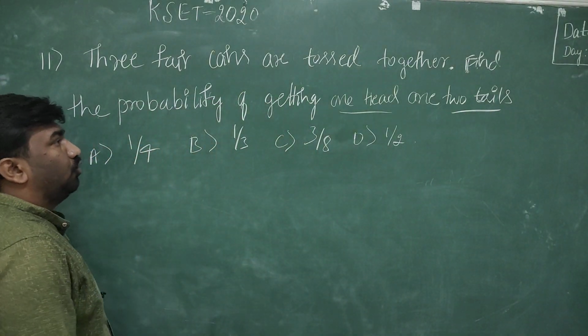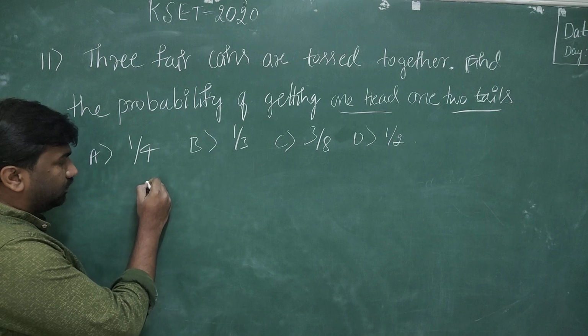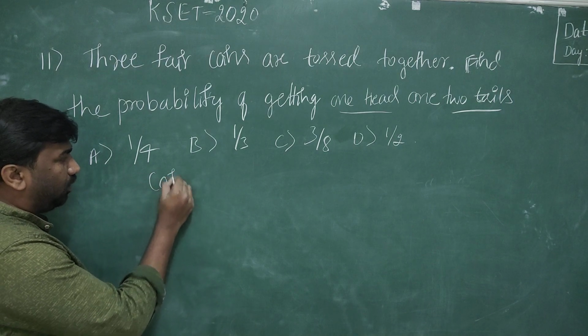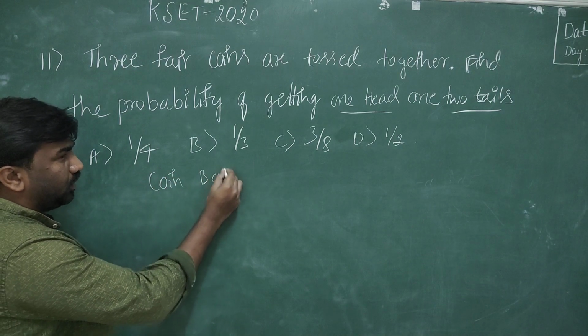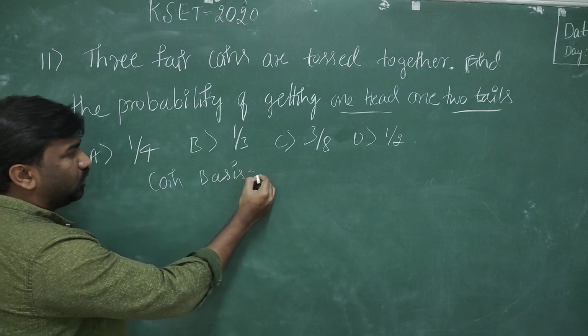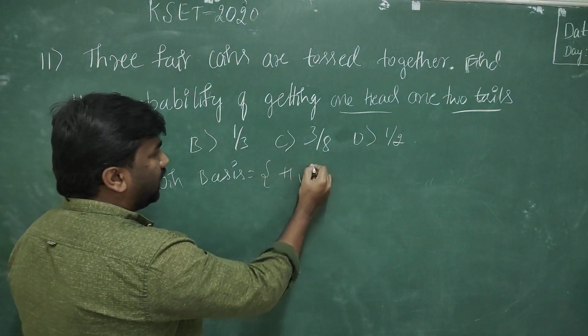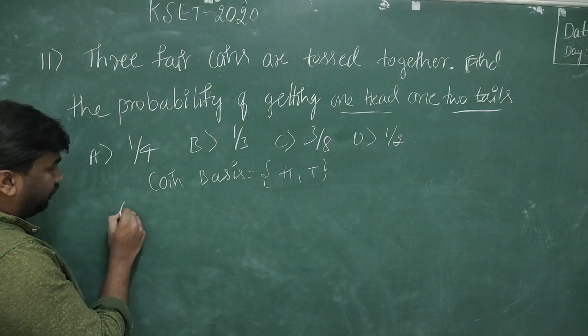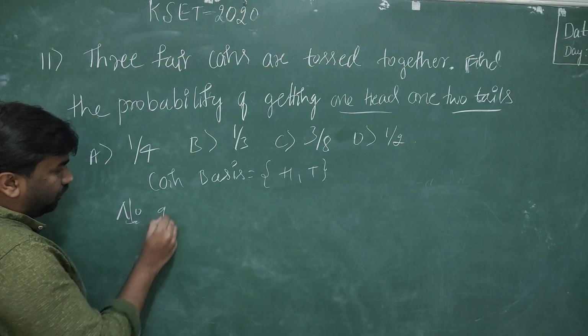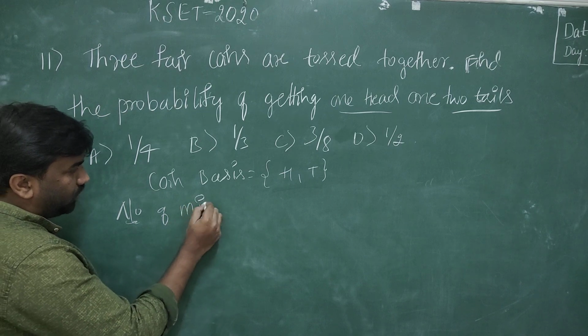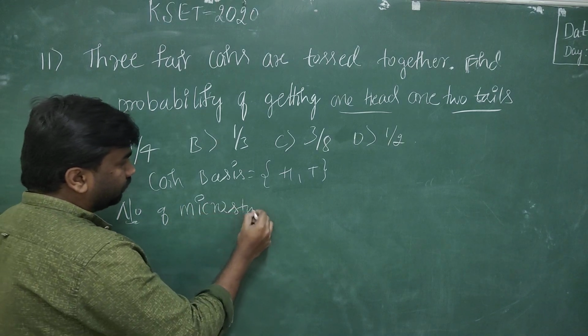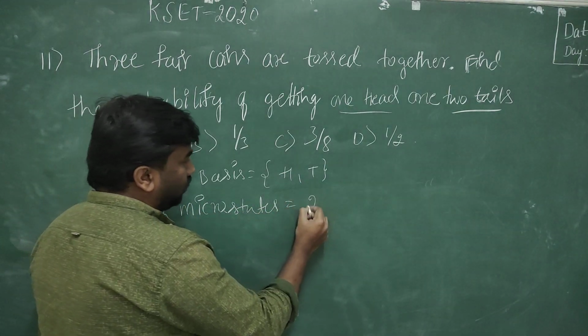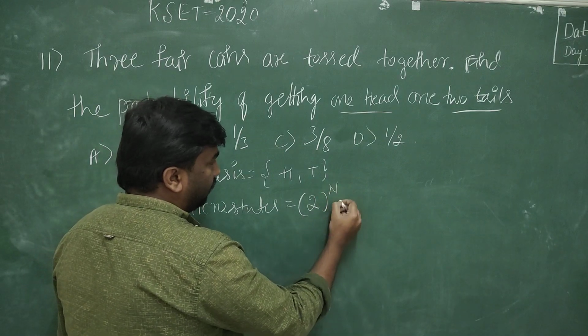For coin problems, the basis is head and tail, only two possibilities, and the number of microstates is 2 power n.